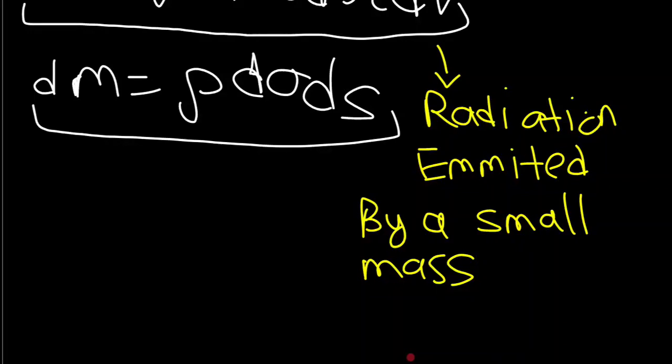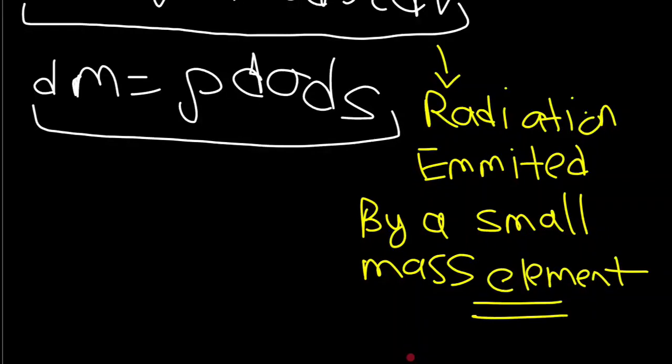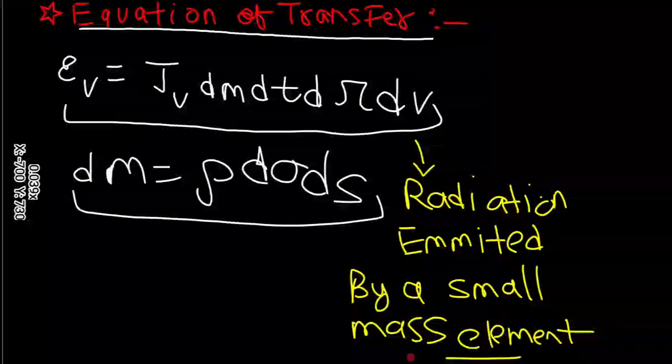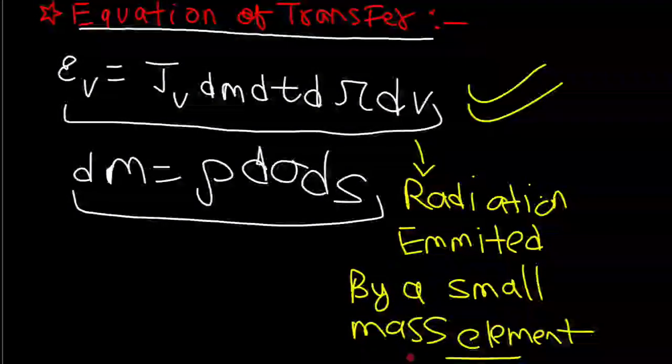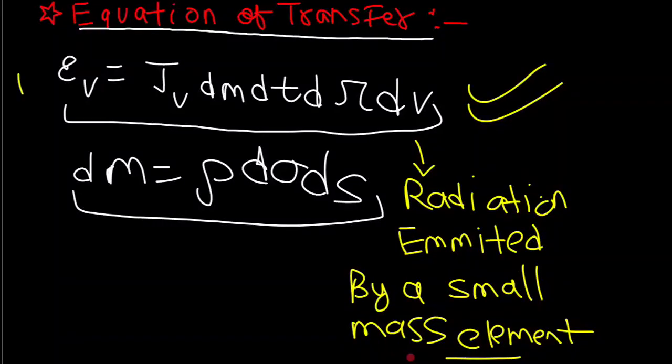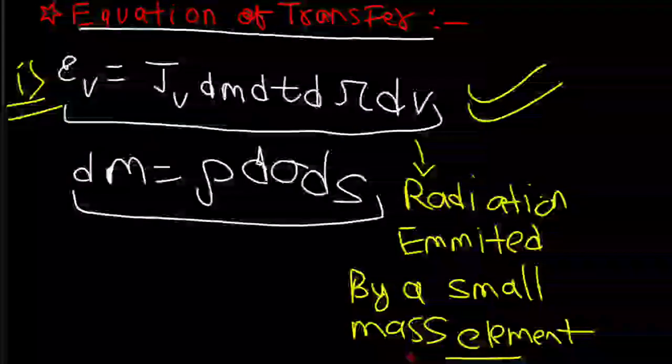There are different types of phenomena like the absorption of radiation and the emission of radiation, all going on in there. So this is our first definition of the radiation emitted by a small mass element. Remember this particular formula, we are going to use it in our derivation very much. This is our first term which we have encountered.